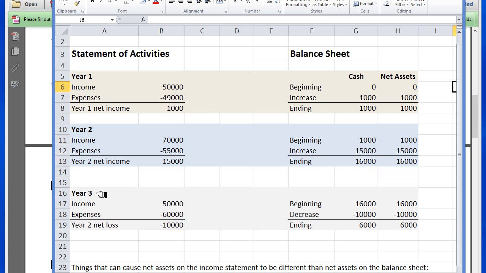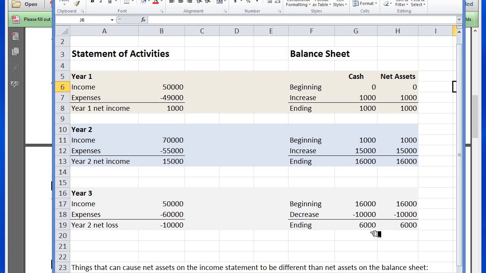We go to year 3, we have $50,000 of income, but this year we had $60,000 of expenses. Okay, we burned up some of that money in our bank account that we earned the year before. So we have a $10,000 loss. So our beginning net assets was $16,000, right, from the year before. And then we had a loss, we had a decrease in cash of $10,000.